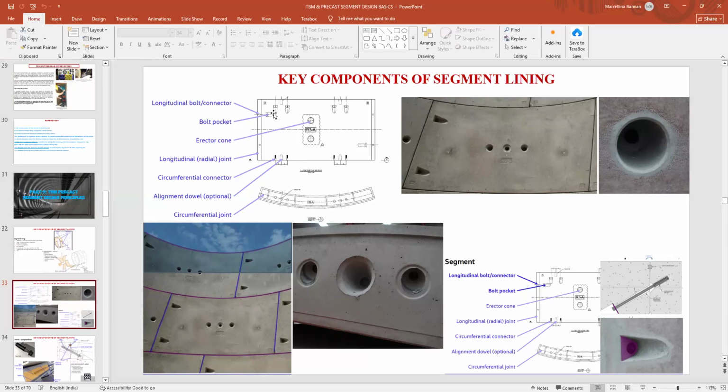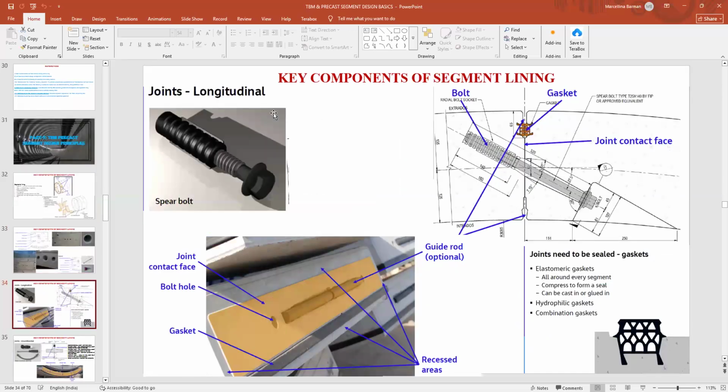So we provide some types of dowels at the circumferential edge, so they can guide the segments to follow the path of the TBM. Mostly this is the part. One type of bolt you will see is put in the circumference, and another is in the longitudinal direction. Longitudinal means along the length of the segment. So these are the key components of the segmental lining.